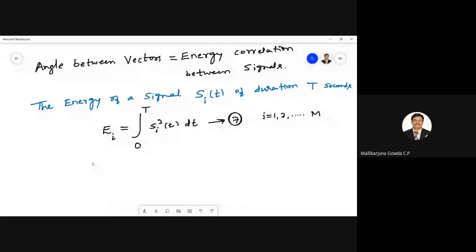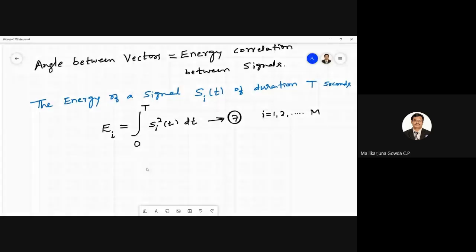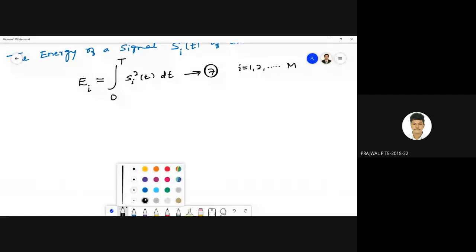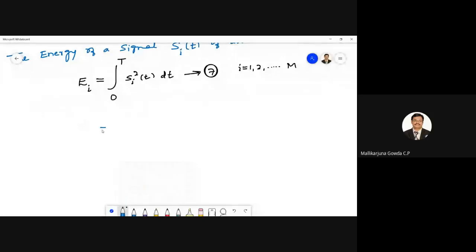Now let me substitute what is s_i(t). Any one of you can say what is s_i(t)? I can write s_i(t), that is equation 1, in the form of summation: s_i(t) equals the summation j is 1 to N of s_ij phi_j(t). Integration I write as it is.